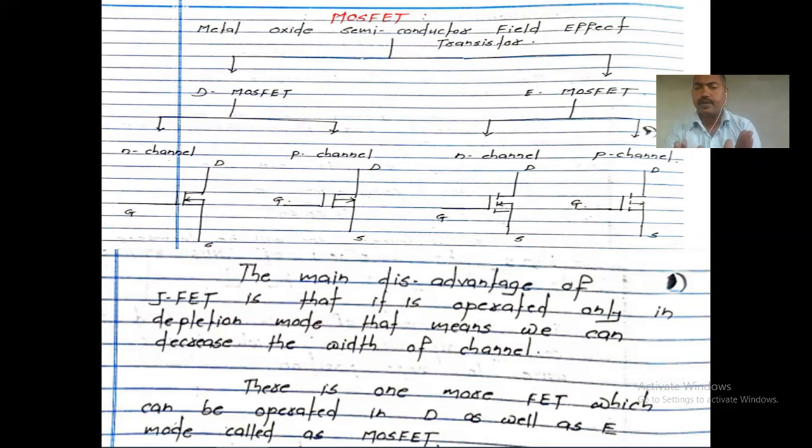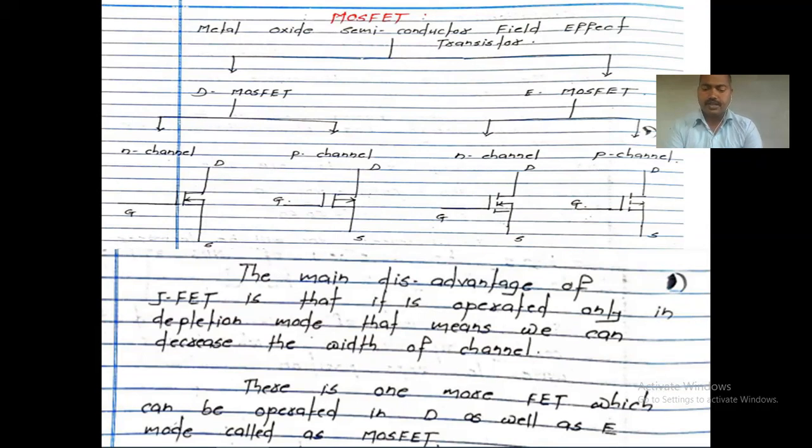We apply the gate to source voltage across the JFET, and accordingly the size of the depletion layer changes, and it works. But the other type, the MOSFET, metal oxide semiconductor field effect transistor, works in two ways: either as a D MOSFET, the depletion type, which is like a JFET, or as an E type MOSFET, the enhancement type. Okay, these are the types of MOSFET.